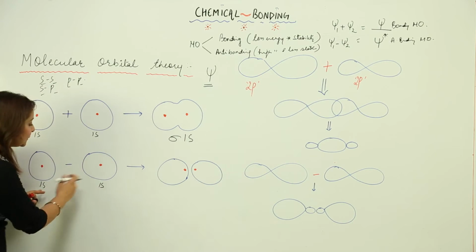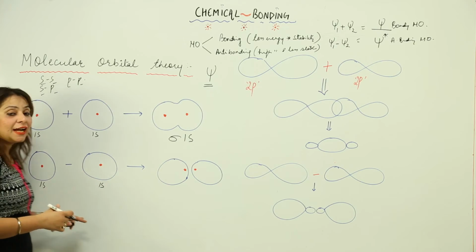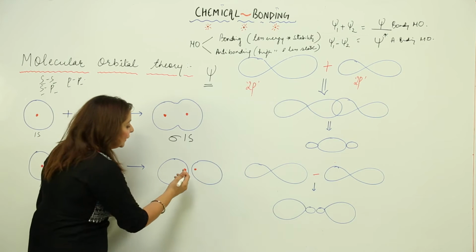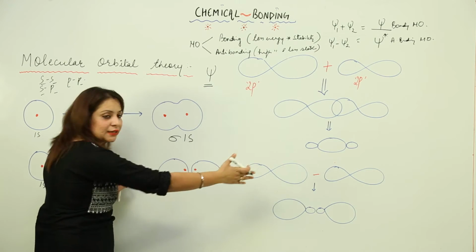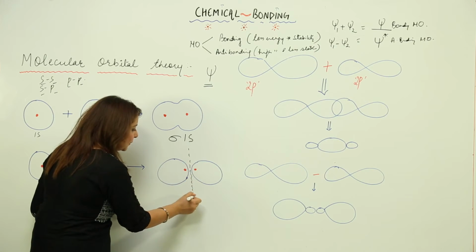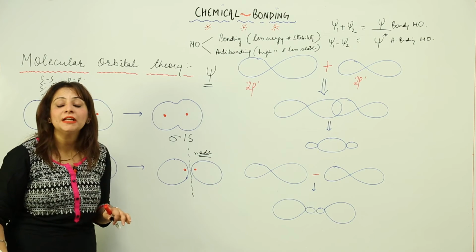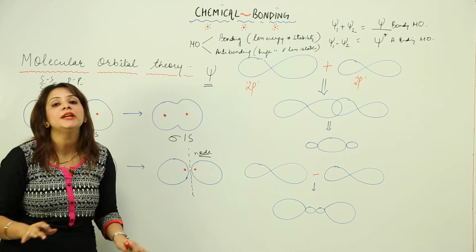But when we subtract them, suppose this is 1s and 1s, I am subtracting their wave functions. That means they will try to repel each other. They will repel in such a form that electrons are pushed towards this side and the other electrons pushed towards that side. That means they are at maximum distance apart. So this region is called a node, where the repulsion is maximum and where the probability of finding the electron is absolutely 0.